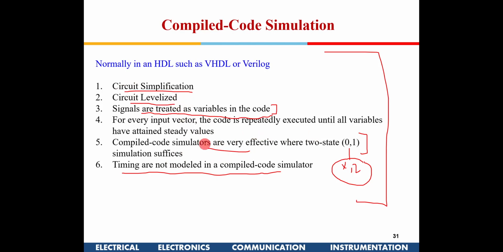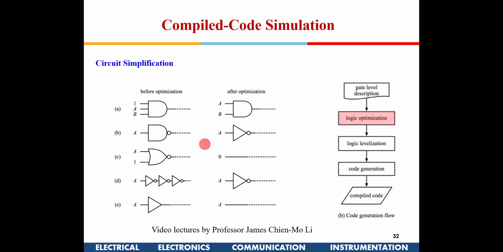So first is circuit simplification, because once you have written the code, you have to see that you have not unnecessarily complicated the circuits. Some examples are given here. Suppose an A is given here, and there is an AND here.